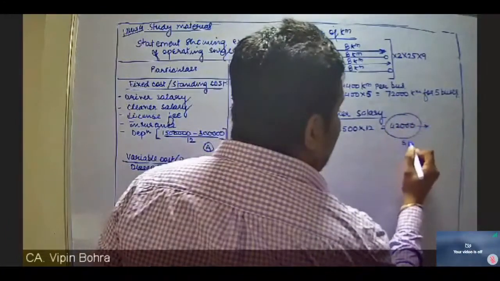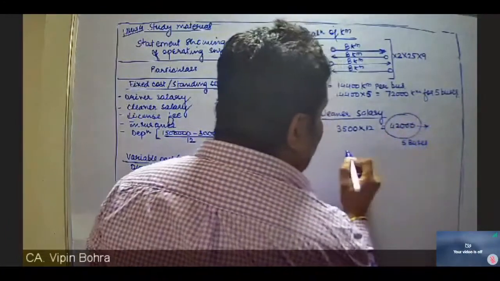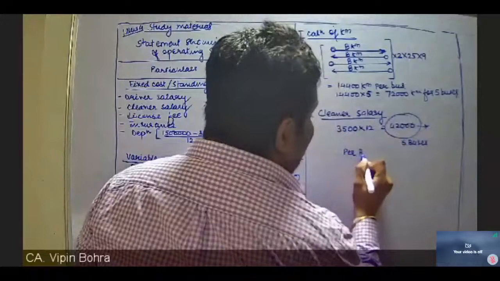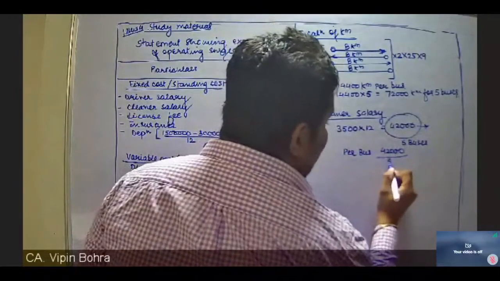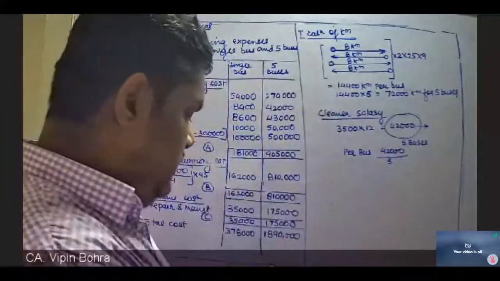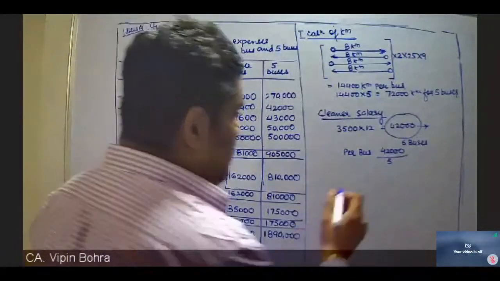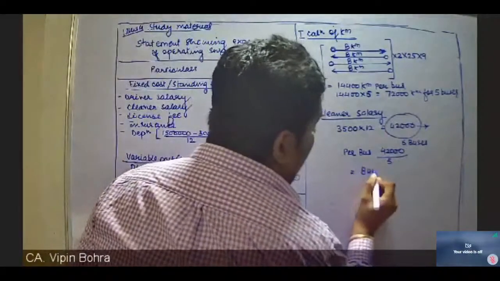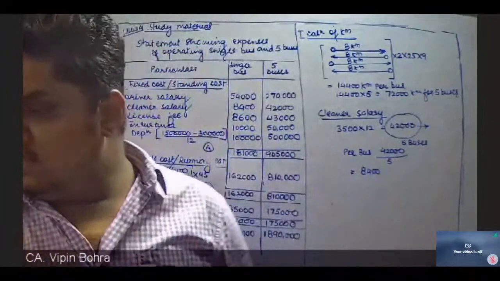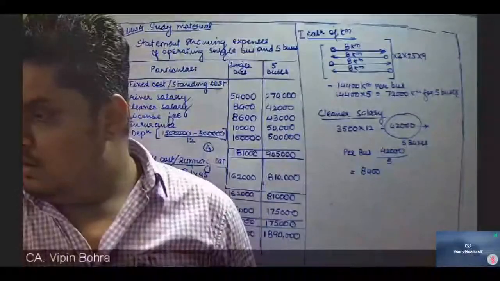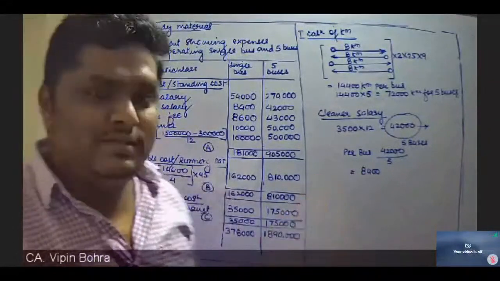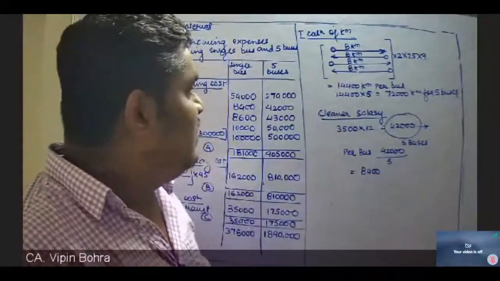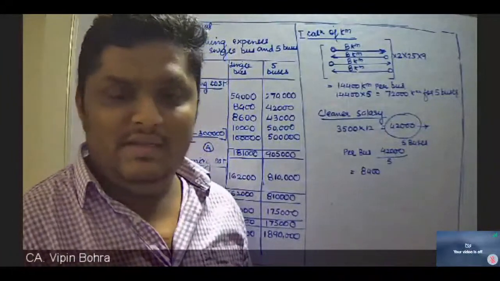So per bus we have allocated 42,000 divided by 5. So it comes to 8,400. I hope this part is clear now. Satish, I think yesterday also you asked the same doubt, how to calculate cleaner salary in illustration number 4.